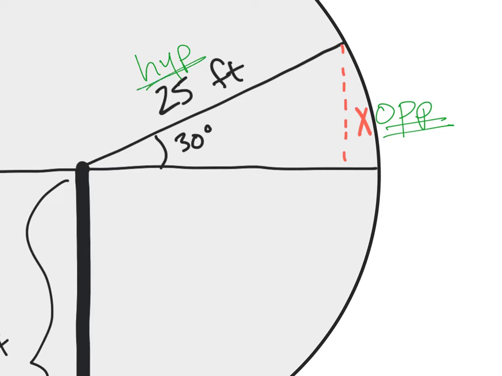So which one of our trigonometric ratios is opposite over hypotenuse? If you are sitting there saying to yourself, I'm pretty sure that's sine, you are correct. So the sine of the angle, which is 30 degrees, is equal to the opposite, which is x, over the hypotenuse, which is 25.